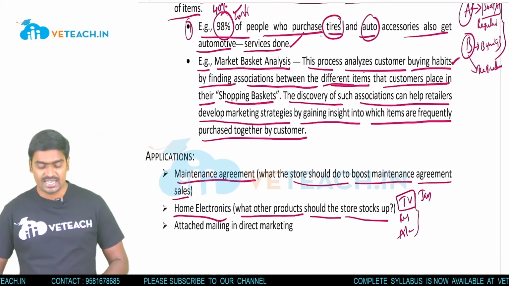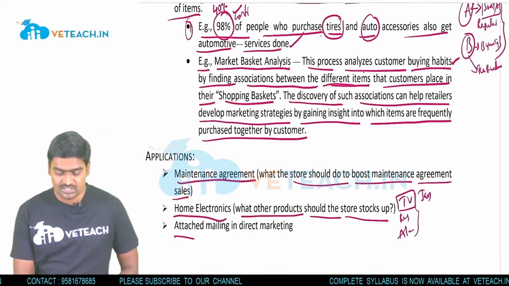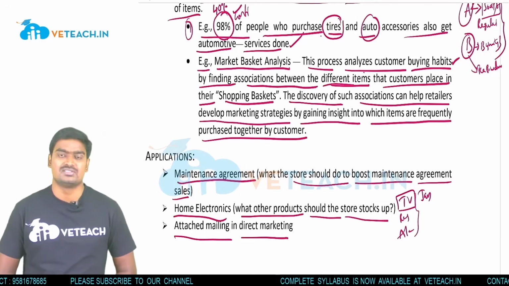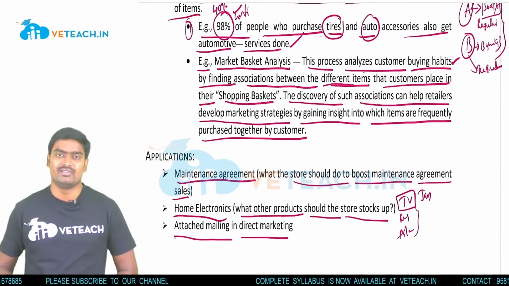Another application is attached mailing in direct marketing. These applications are used in association analysis in data mining and data warehousing.